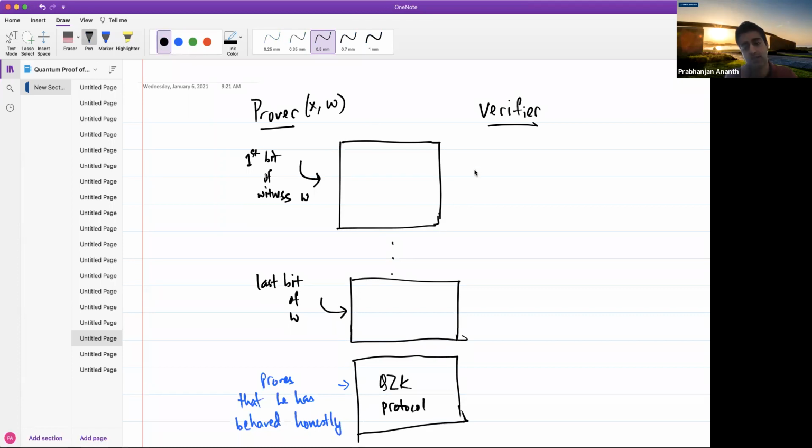And we're going to use the extractor to extract each bit of the witness separately, W1 to WL, let's say. Adam, does that answer your question?